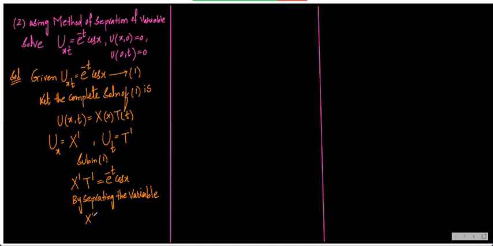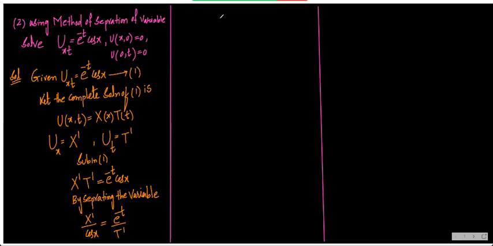X dash is here already. This term cos x, we can take to this side. I am collecting the terms of x on one side. Similarly, here we already have e power minus t. This multiple goes to the denominator. It becomes T dash. Understood?